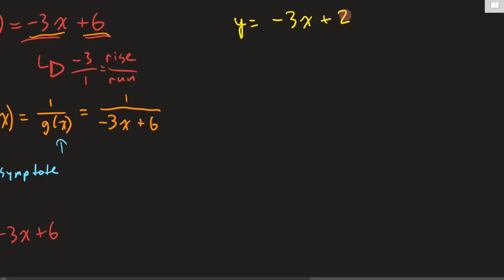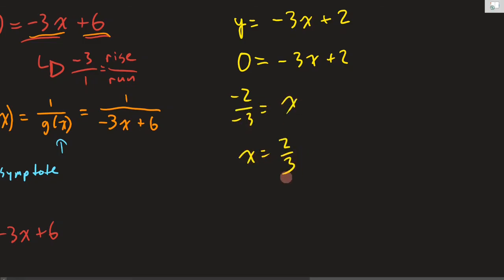Well, this one's not going to work out nicely, because you have a slope of -3 and you start at 2. But the way you figure out where your 0 is, you just set y to 0, and then do some grade 8, grade 9 algebra. Bring the 2 over, -2, divide by -3. So x is 2/3.